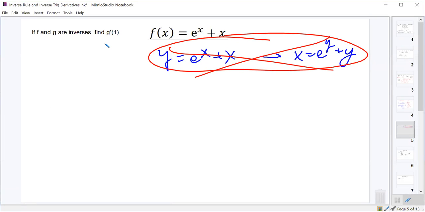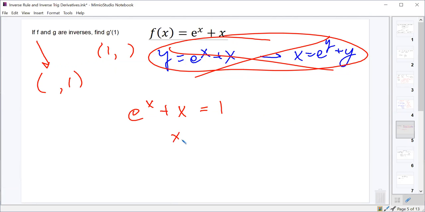So if we're looking at g prime of 1, we know that means g has a point of 1 comma something, which means that f should have a point of something comma 1. So we'll do the same thing we did before. We'll take e to the x plus x and set that equal to 1. While that's not necessarily the easiest equation to algebraically solve, you can probably think about a couple of easy values of x you could plug in and find one that works.